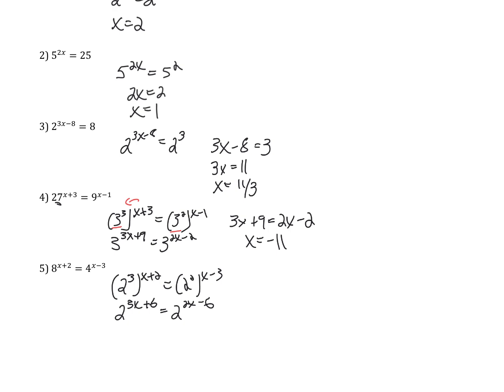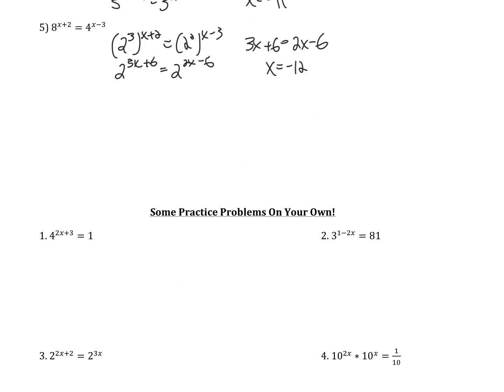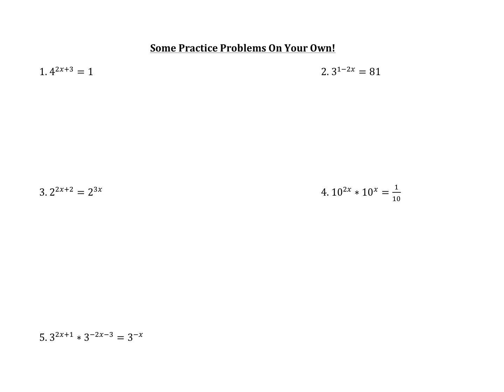In this case, 3x plus 6 equals 2x minus 6. If I, again, move the x's to the left side and the numbers to the right, I get x equals negative 12.